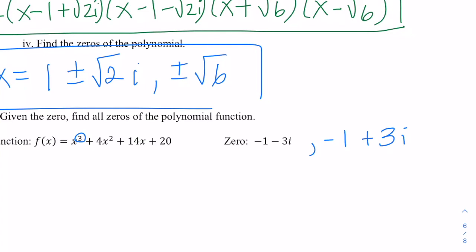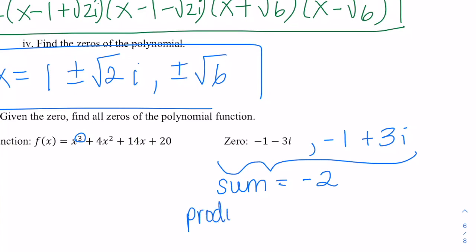And so if you're going to write the equation with these two, well, the sum of those two equals -2, and the product is going to be 1 minus 9i squared, which is 1 plus 9, which equals 10.